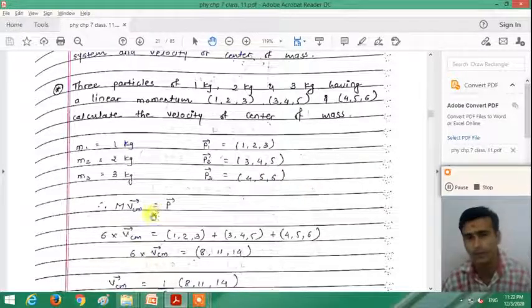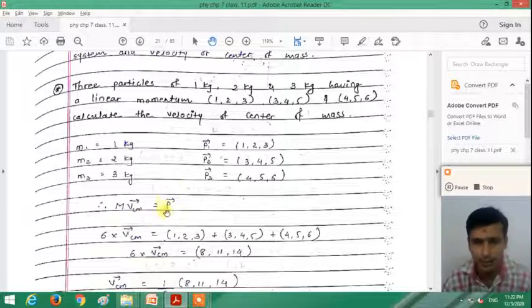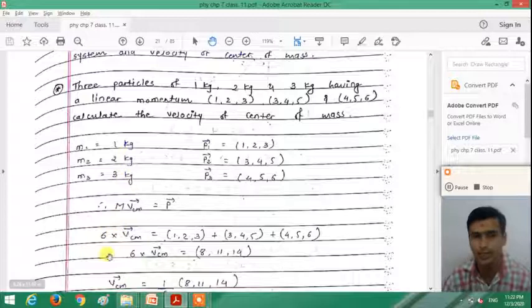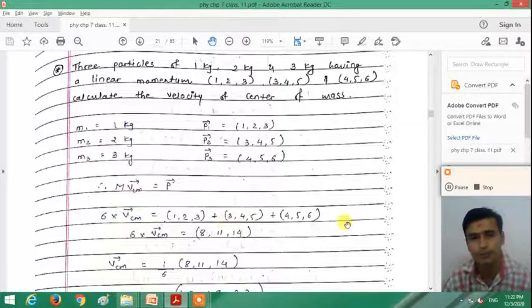We know the equation, M times VCM is equal to capital P, right? Here capital P is the sum of the linear momenta of each particle, so we need to find the total linear momentum. The total mass is 1 kg plus 2 kg plus 3 kg, which gives 6 kg, times the velocity of the center of mass, equal to P1 plus P2 plus P3, right?